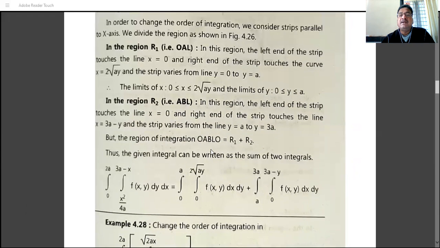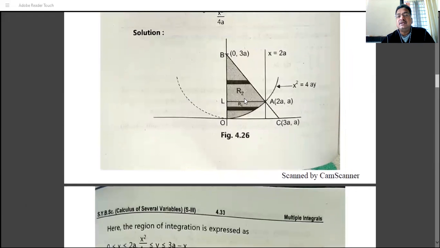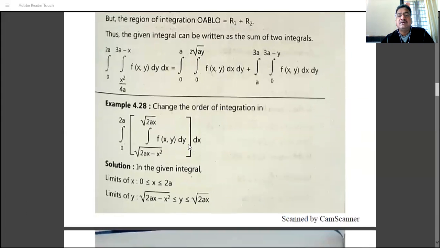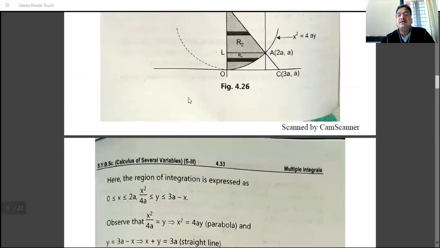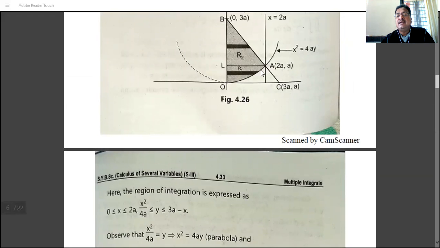So first is the R1 region. In the R1 region, this strip's one end touches the line y is equal to 0. So y is equal to 0 is its lower limit. And the other end touches the curve x square is equal to 4ay, and from this we have y is x square by 4a.